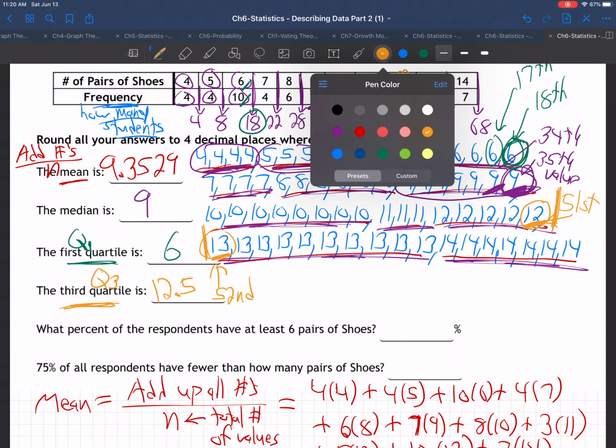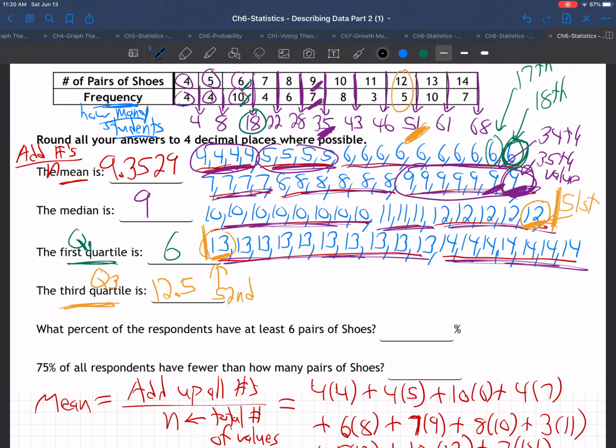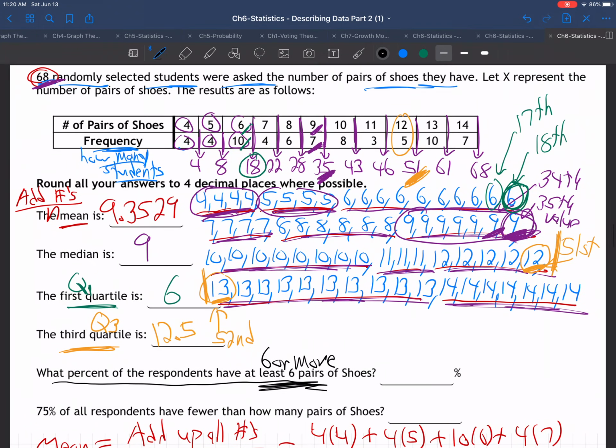All right, at the end now they have a couple of little questions they want us to answer here. What percent of the respondents have at least 6 pairs of shoes? So at least means 6 or more, right? At the least, at the lowest, 6, could be more. So how many have 6 or more?